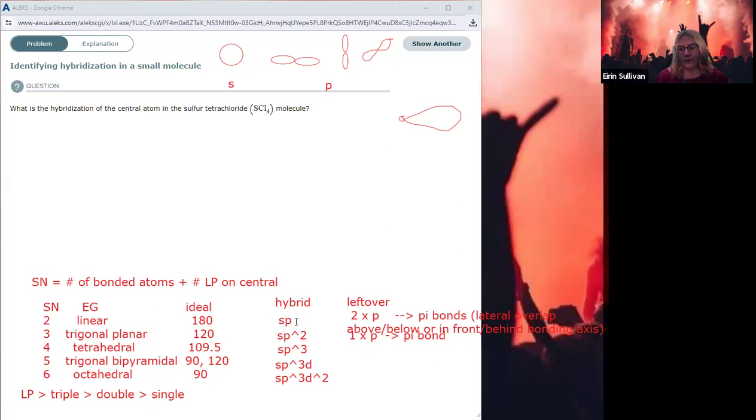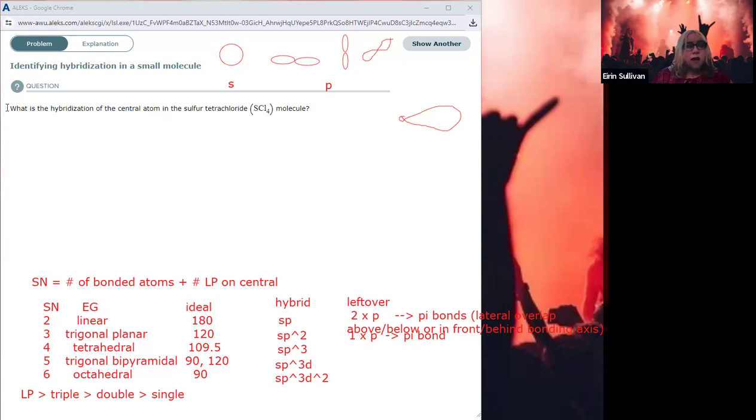So s plus p, 1 plus 1 is 2. Steric number of 3, so 1 s plus 2 p's, 1 plus 2 is 3. Steric number of 4, 1 s plus 3 p's, 1 plus 3 is 4. Steric number of 5, 1 s plus 3 p's plus 1 d, 1 plus 3 plus 1 is 5. This is the easy way to remember it. Steric number of 6, 1 s plus 3 p's plus 2 d's, 1 plus 3 plus 2 is 6.